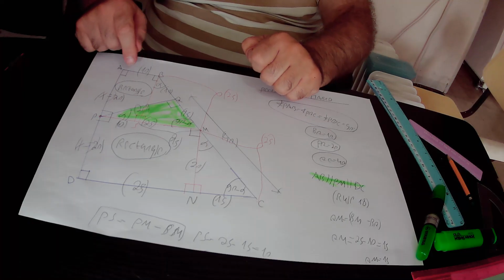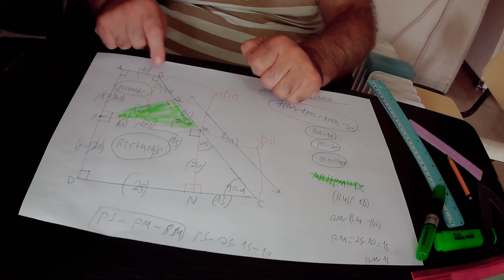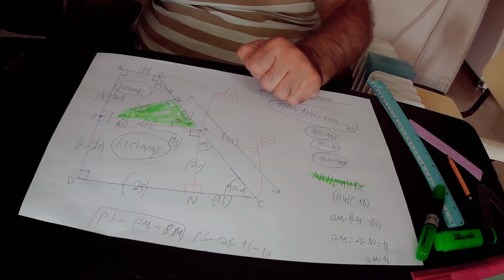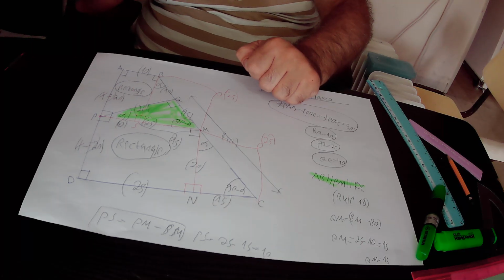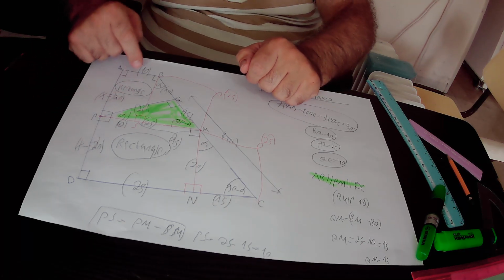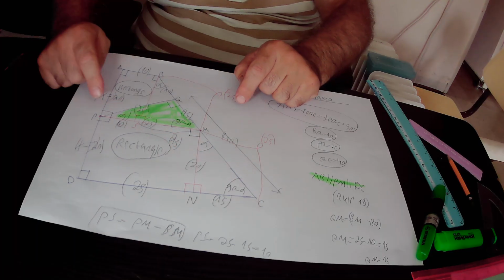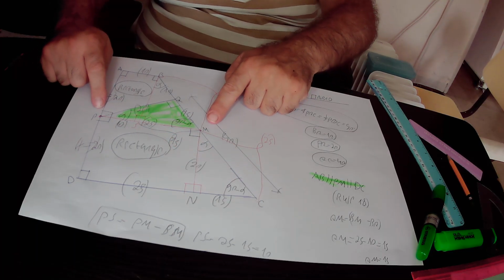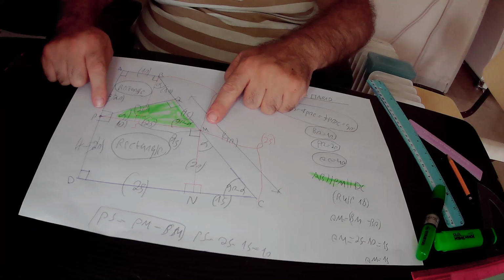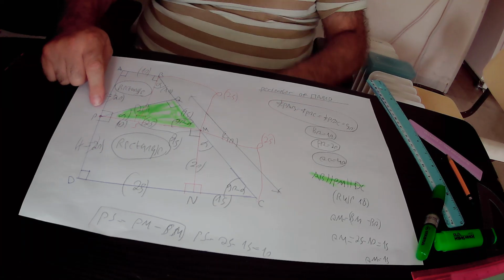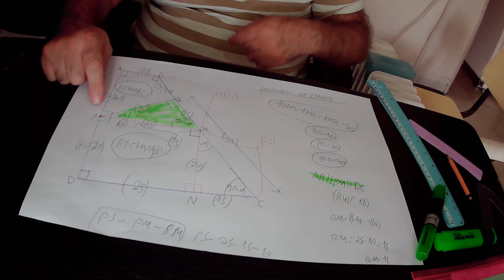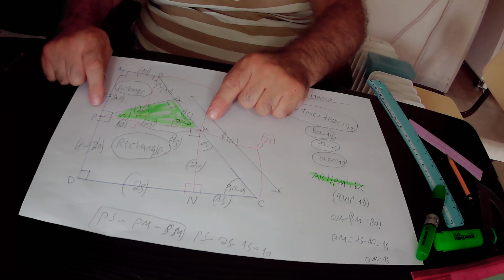The two parallel sides AB and DC are defined as the bases of trapezoid ABCD. AD and BC are defined as the legs of this trapezoid, and line segment PM bisects both legs. So therefore it is defined as the mid-segment of trapezoid ABCD.